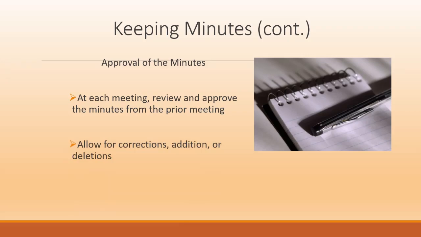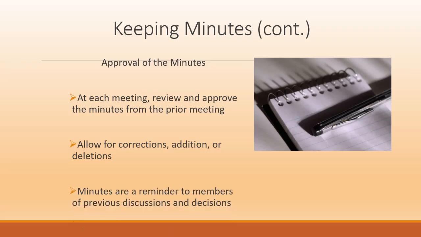When I'm presiding in a business meeting, I simply say, after the minutes have been read, are there any corrections, additions, or deletions? If there are none, they will stand approved as read or as printed. The minutes are basically a reminder to the members of the previous decisions and discussion that the organization had at its prior meeting.